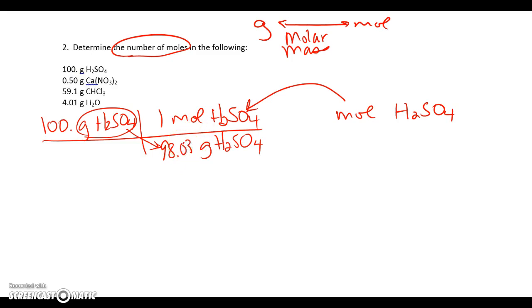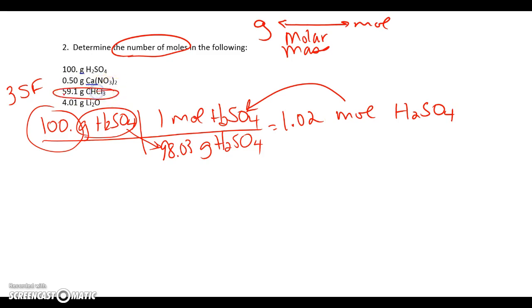Now, we did figure out how to calculate that, but that's for another lesson. If I do the math here, notice 3 sig figs, it's 100 divided by 98.03. And if I'm going to have 3 sig figs, my answer will be 1.02 moles of H2SO4.